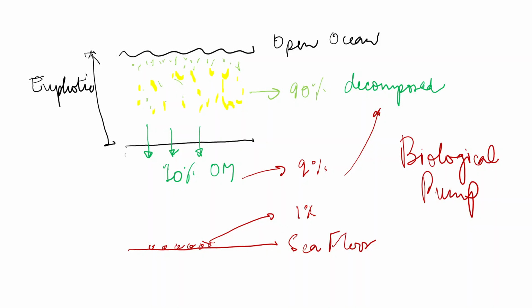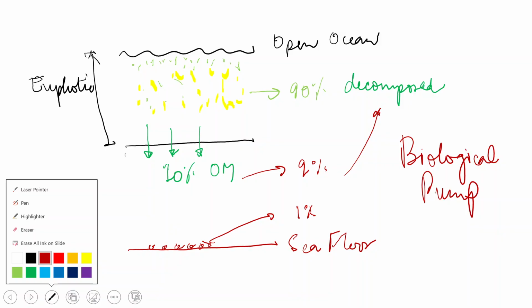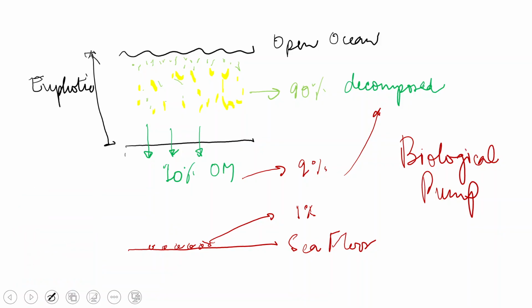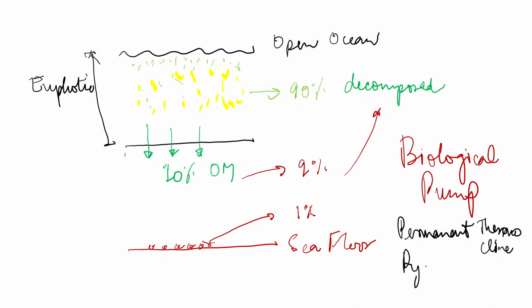Other than that, there are some more factors which are important for primary productivity, and in those factors, two layers are very important: the permanent thermocline and the resulting pycnocline.